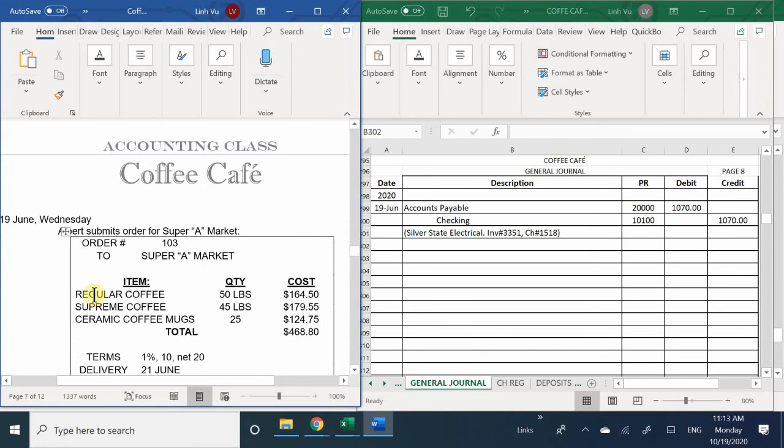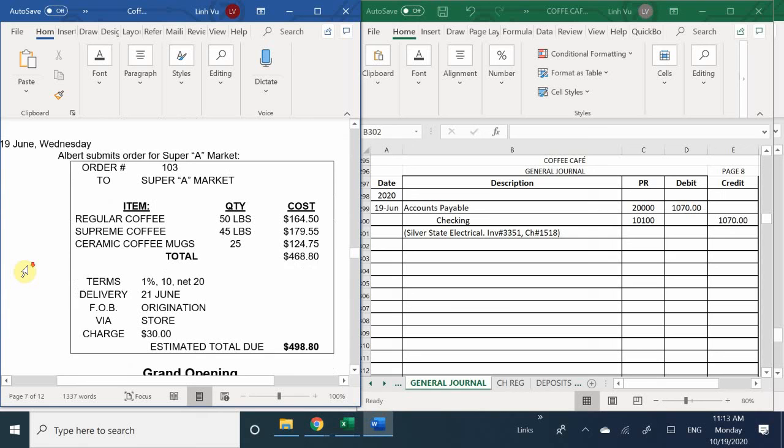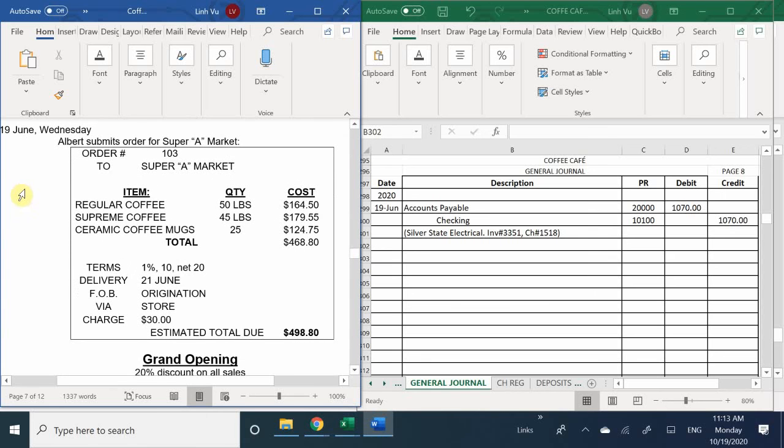Okay, so now that was done, what has happened here? All this submitted in order for Super A Market. Okay.